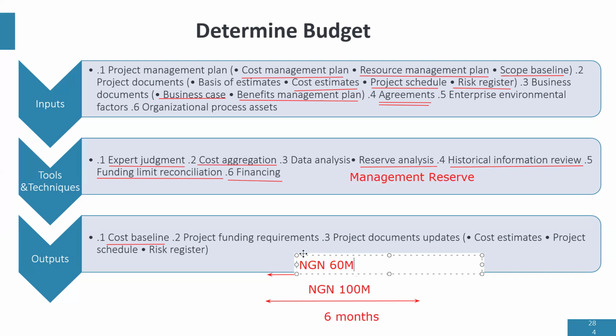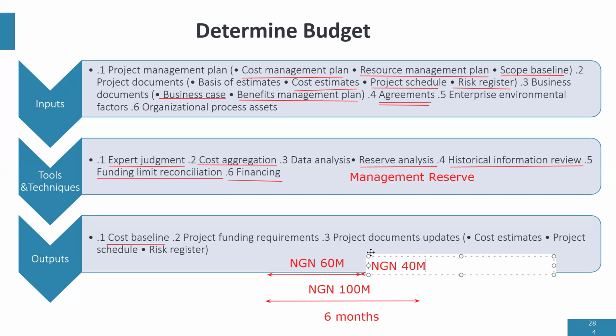And if we don't, so this is a funding limit that we need to reconcile, because if we don't reconcile, when the project budget is exhausted, that's the 60 million, the project will stop. So we need to reconcile the remaining 40 million.